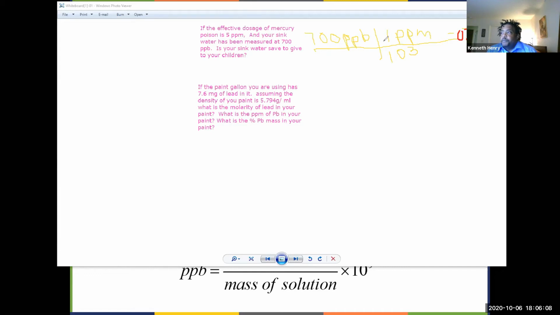What is the ppm of lead in your paint? What is the percent lead mass in your paint?